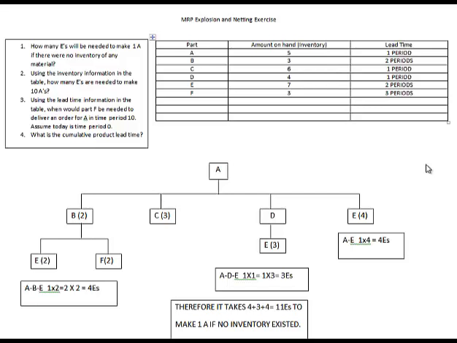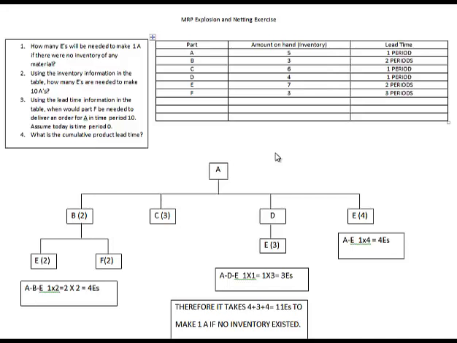So you notice that to make A, we need some B's, but in order to make a B, we need some E's. So we see that there is a path from A through B and then down to E. We also have another path where we go from A to Part D, and then D requires some E's as well.